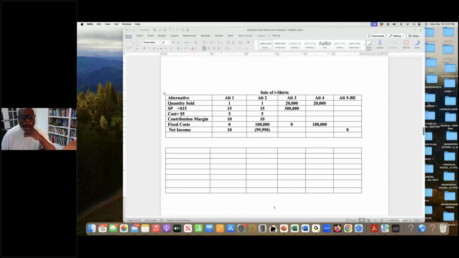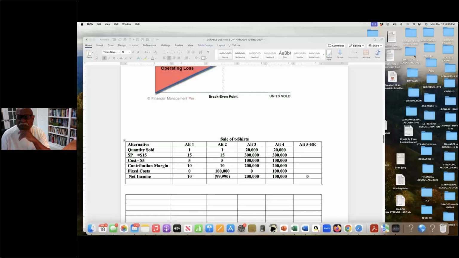Let me see. Let me stop sharing. Okay, it does flash up a poor network connection, maybe on my end. Let me just see if I can share again. What do you see now?